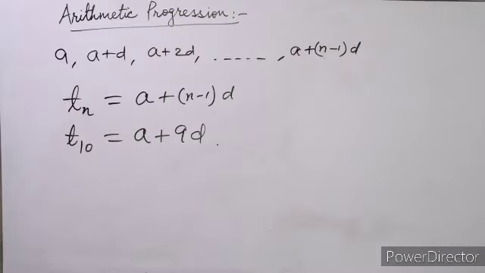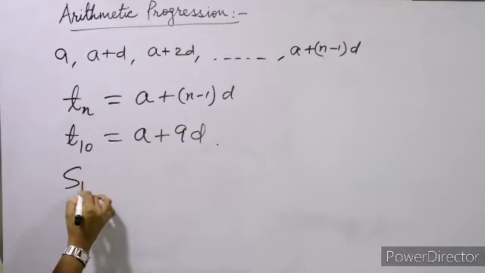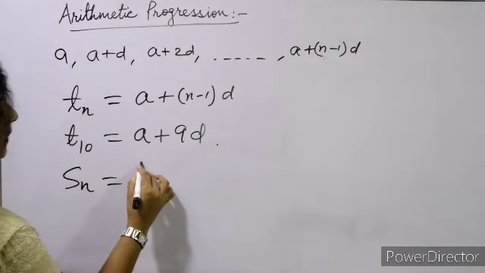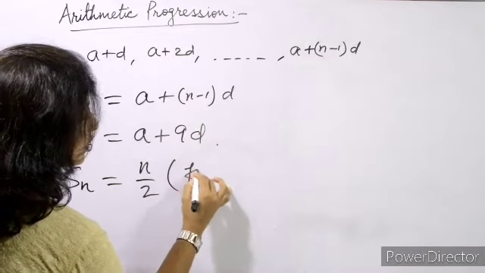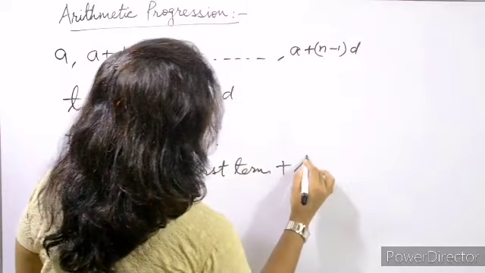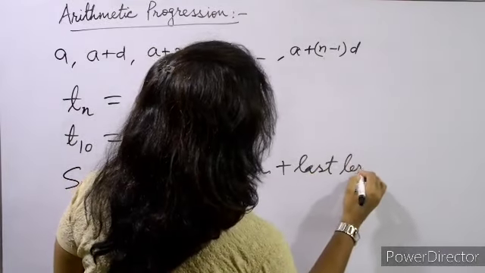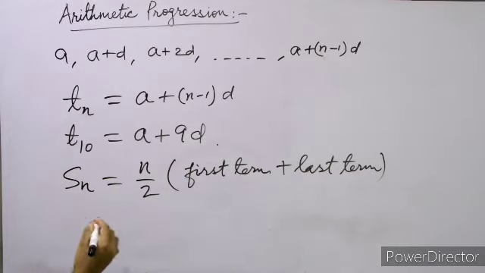Now we'll see the sum of n terms in an AP, denoted by Sn. It will be n upon 2 times first term plus last term. If in some questions the first term and last term are given, we can find the sum using this formula.